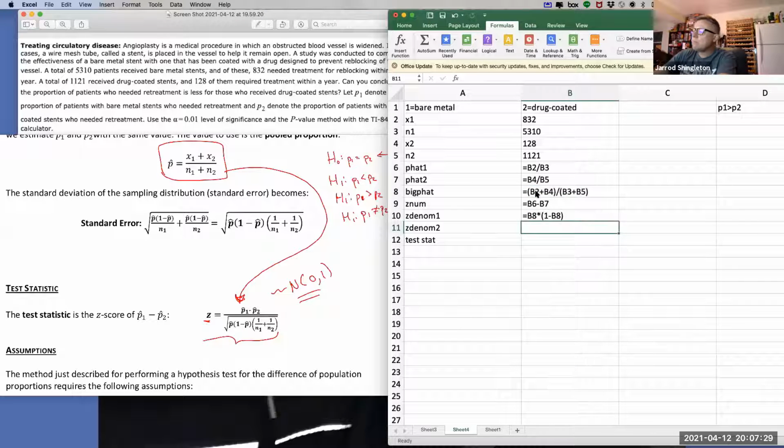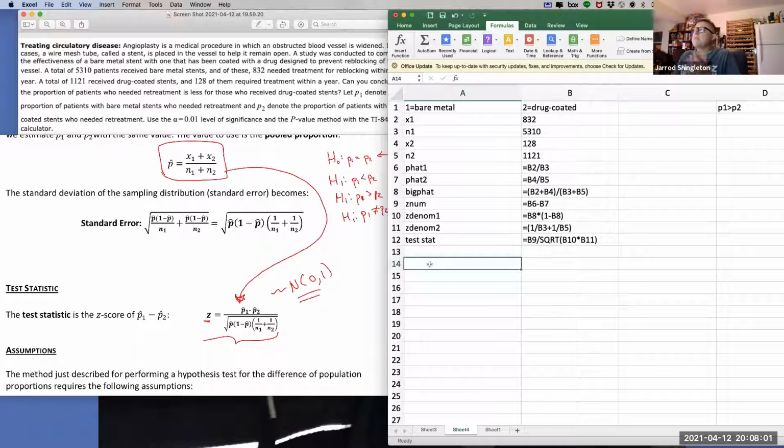This one is 1 divided by n1 plus 1 divided by n2. Now our test statistic is this numerator divided by the square root of these 2 bad boys multiplied together. Okay, this times this.